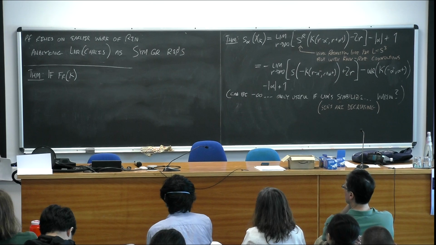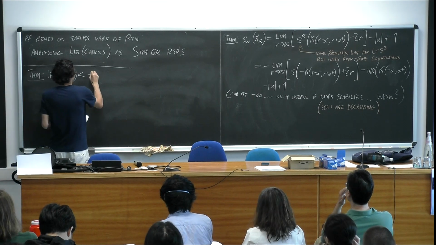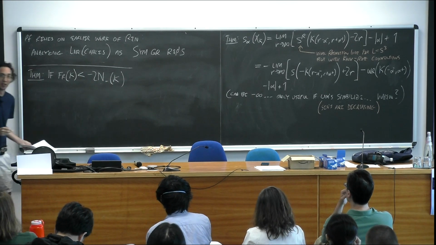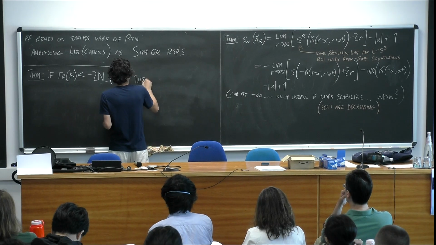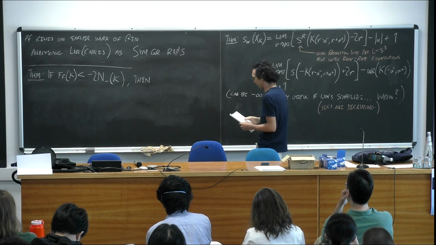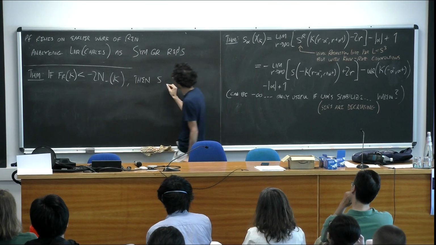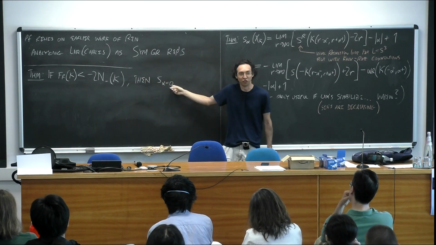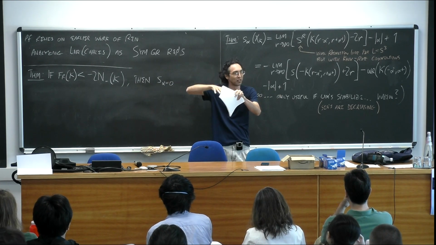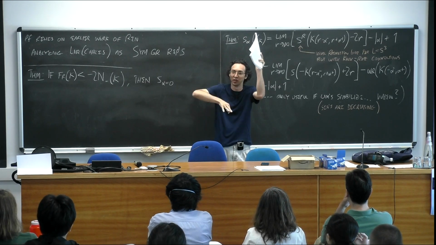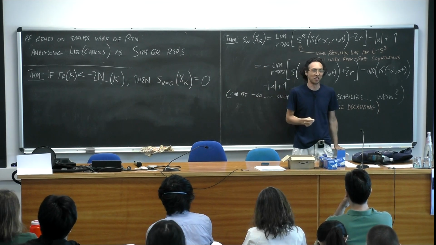So again, for a two-handle body with a single two-handle, if the framing of your attachment is less than negative twice the number of negative crossings, let's phrase it in terms of having a diagram, then the Rasmussen invariant for the alpha equals 0 case, which is the balanced case, where the cables have the same number going up and going down, is 0.